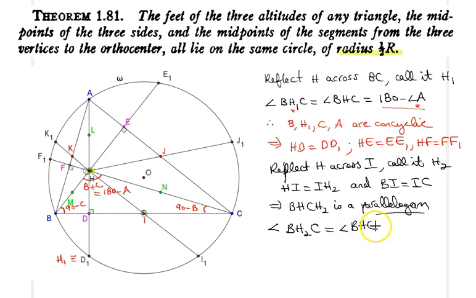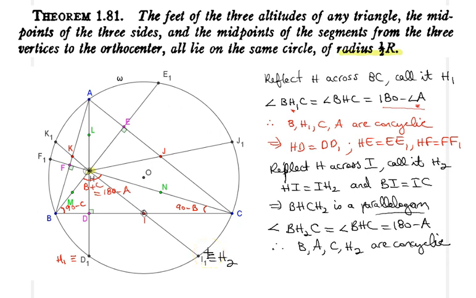But again, we know BHC is equal to 180 minus A. So therefore, it must be the case that B, A, C, and H2 are concyclic. So H2 is on the circumcircle, but we know that point is I1, so I1 is nothing but H2, it turns out.